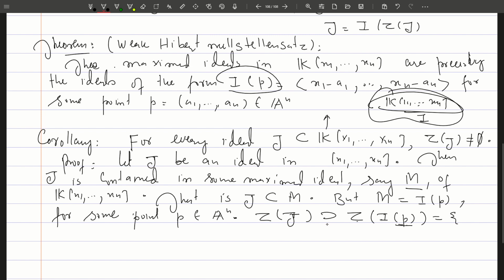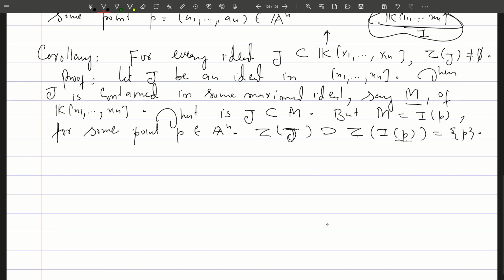So this is the singleton P. So that means J was chosen arbitrarily, and its zero set is non-empty. This implies the zero set of J is always non-empty.